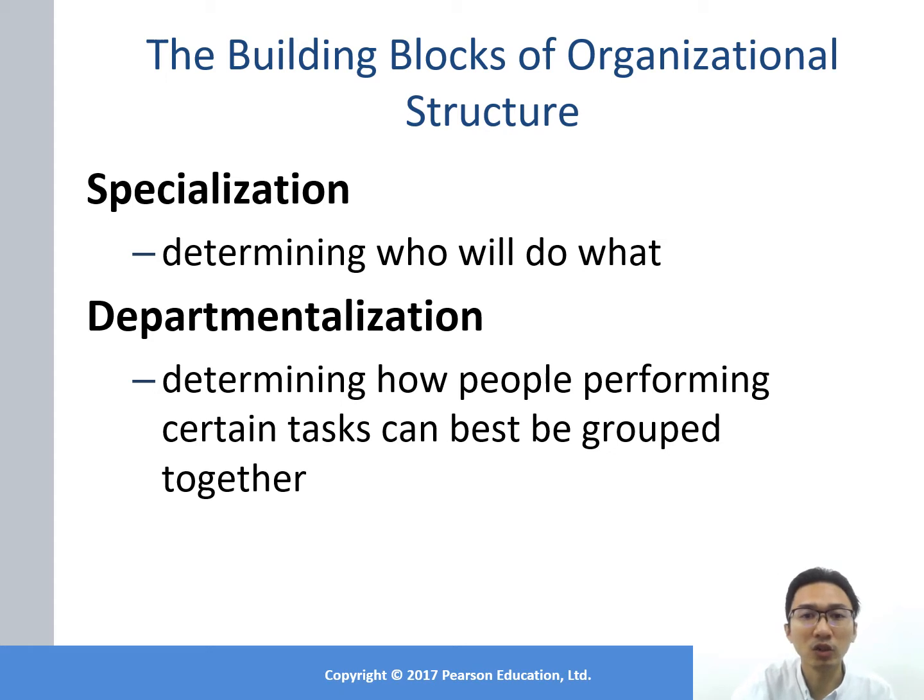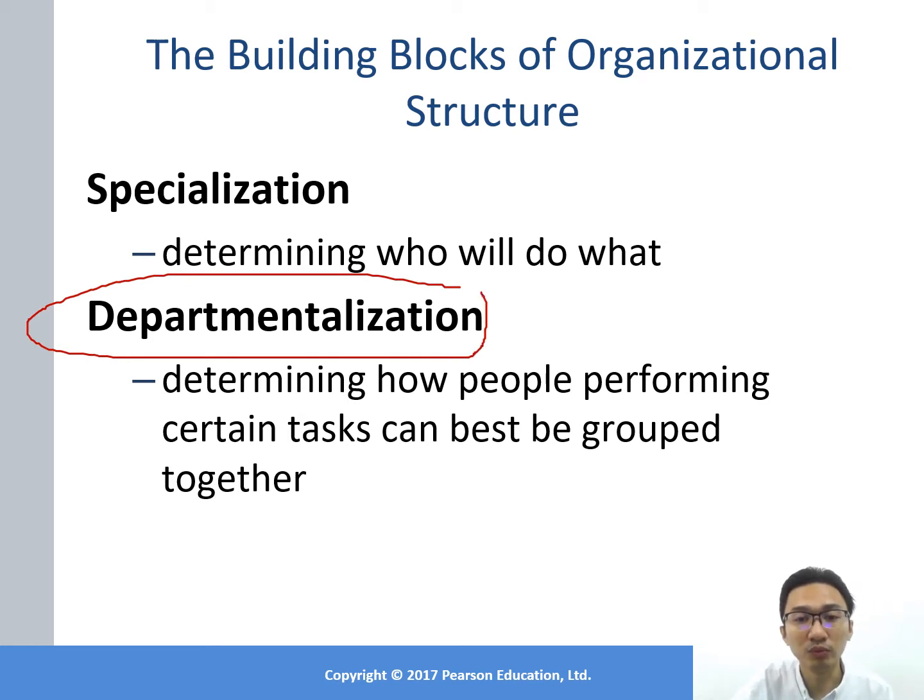After jobs are normally specialized, so we break them down, we put people there to fill in the jobs. After the jobs are specialized, what we do next is that we must group them into logical units. So this is actually the process of departmentalization. Departmentalized companies, once we departmentalize them, they normally benefit from this division of activities.